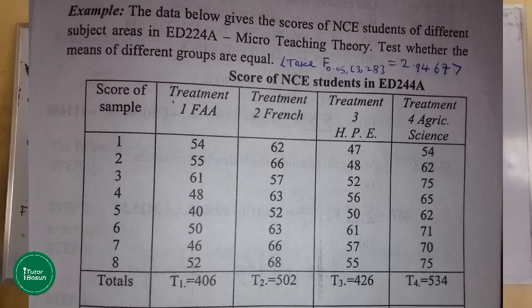with degrees of freedom (3, 28) to be equal to 2.9467. The information in the bracket has the degrees of freedom. I don't know if it's your df1, your df2, or your df3, but 3 is your df1.